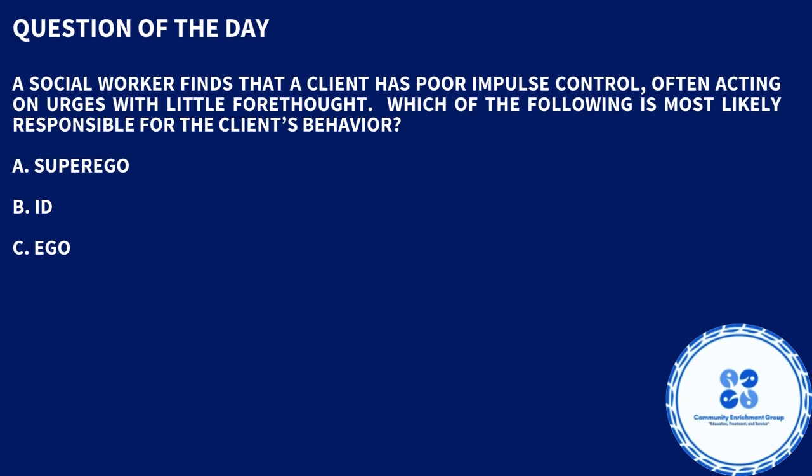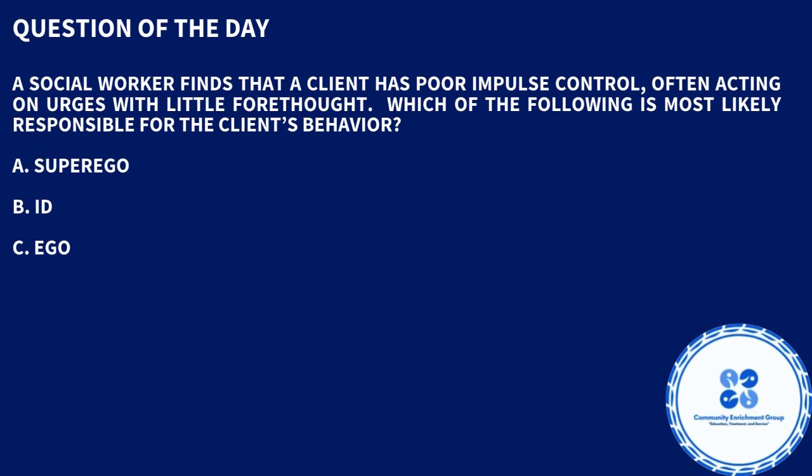Another helpful tip is to utilize the process of elimination. Okay, this question is definitely a direct link to Freud's structural model of the psyche. If you can remember, the structural model of the psyche divides the personality into three components.